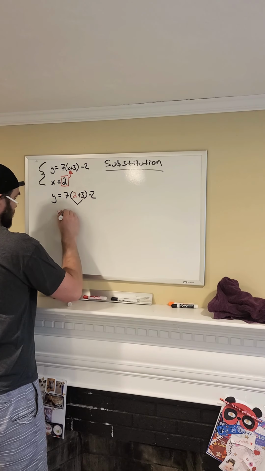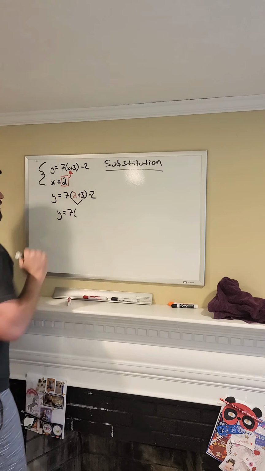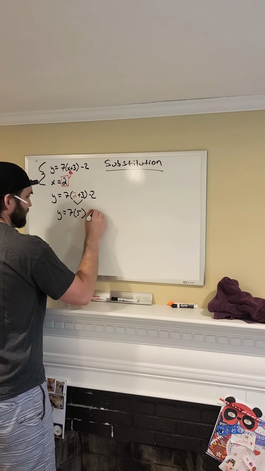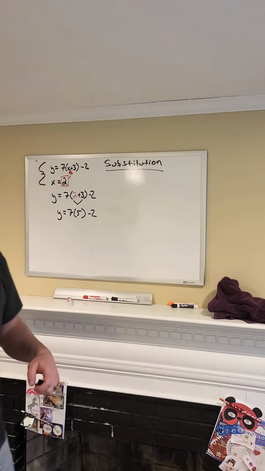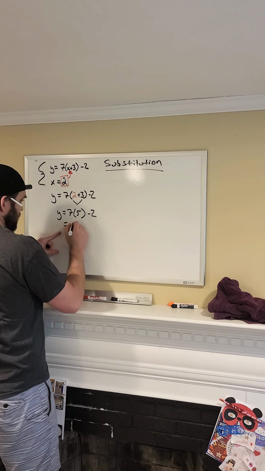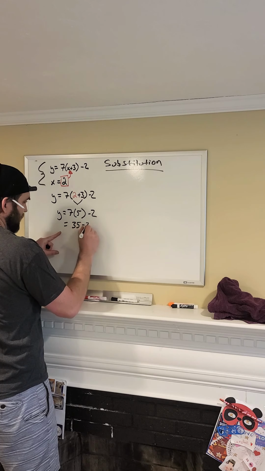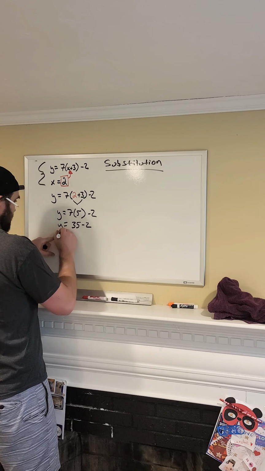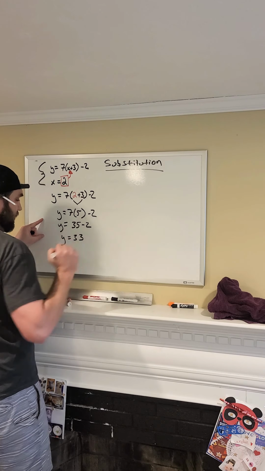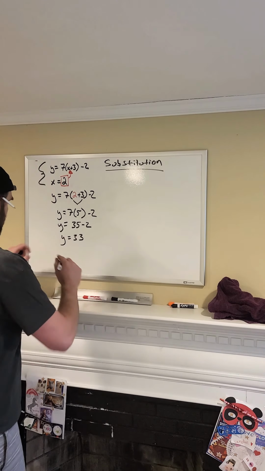So y equals 7 times 2 plus 3 is 5, minus 2. 7 times 5 is 35. 35 minus 2. Just put that y there. And then 35 minus 2 is 33. A nice little Larry Bird number right there.